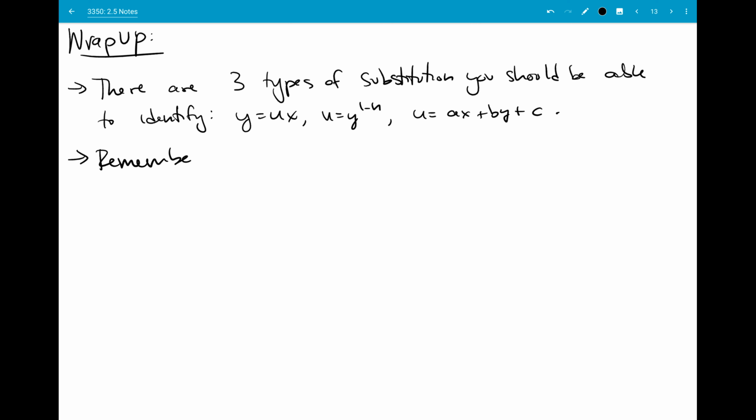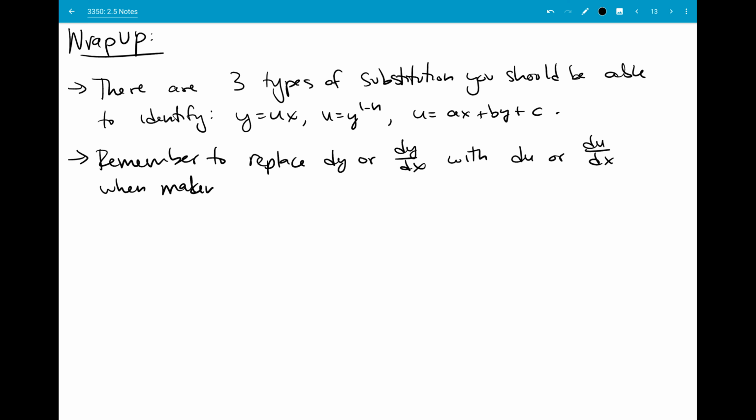You need to remember to replace dy or dy dx with du or du dx when making your substitution, just like you do with u substitution in calculus.